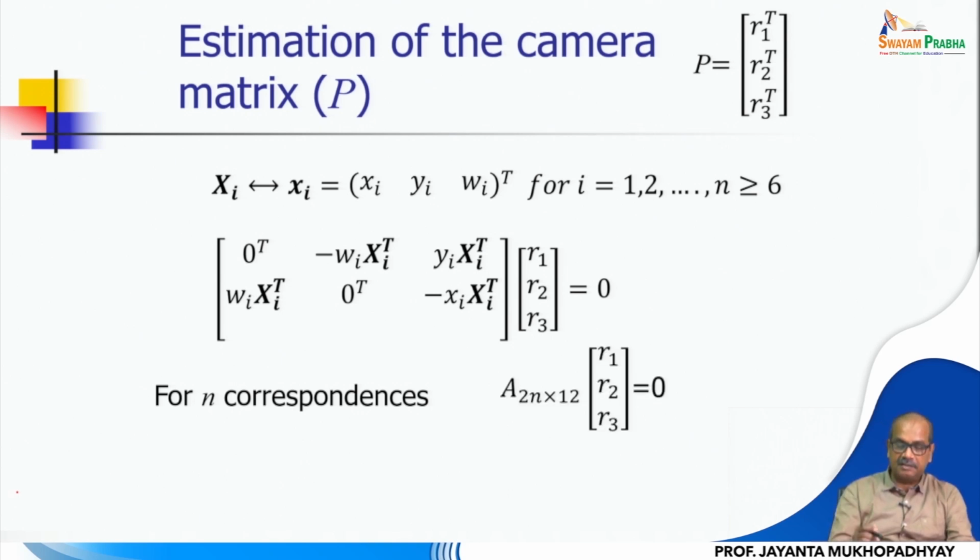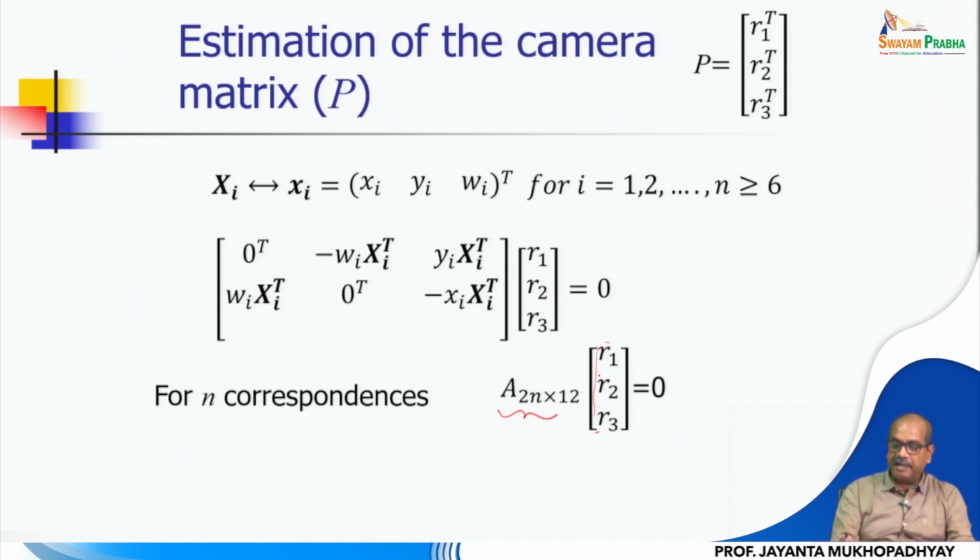The stack of equations for each point correspondence will form a matrix of dimension 2n cross 12, because from each point you get 2 equations, so there will be 2n equations, and there are 12 unknowns, so that part is 12 cross 1.